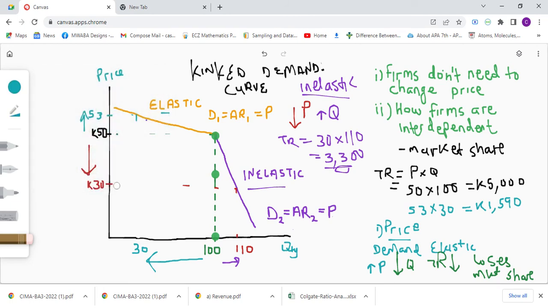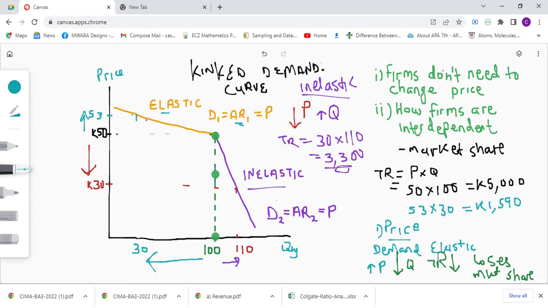We've got the first one, D1 here, which is elastic. Remember, marginal revenue falls twice as steep as average revenue. Remember, demand equals average revenue, which equals price.